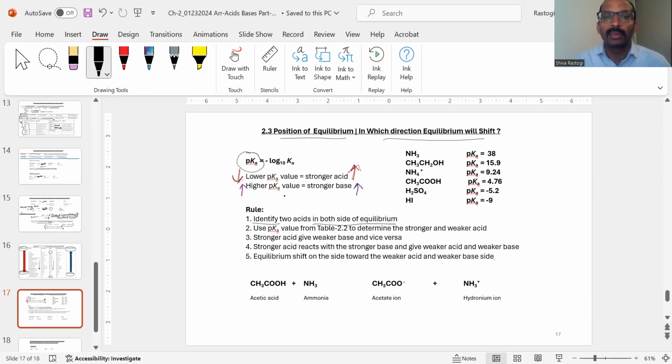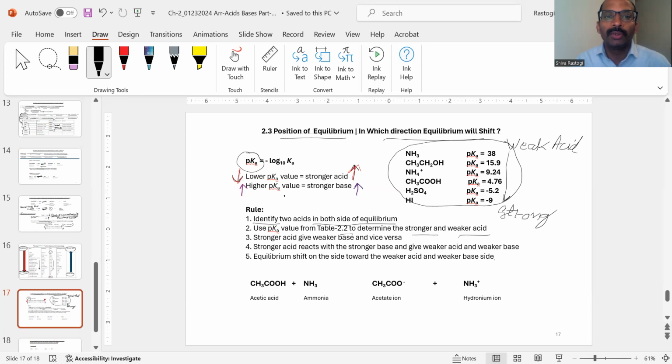So this is the reaction we will work on. Use the pKa values from Table 2.2 to determine the stronger and weaker acid. One example is given here: this is the pKa value, and as you go from top to bottom, it will be a strong acid at the bottom and a weak acid at the top.